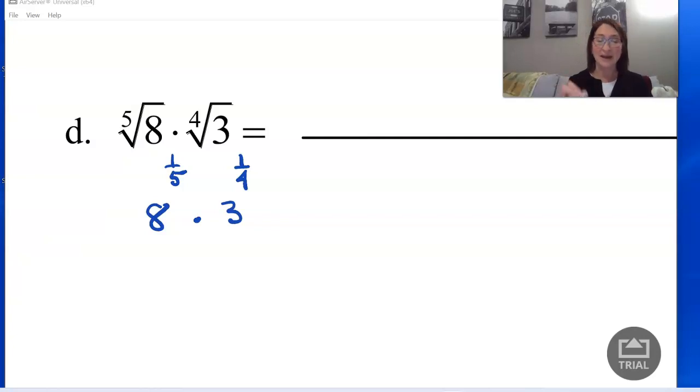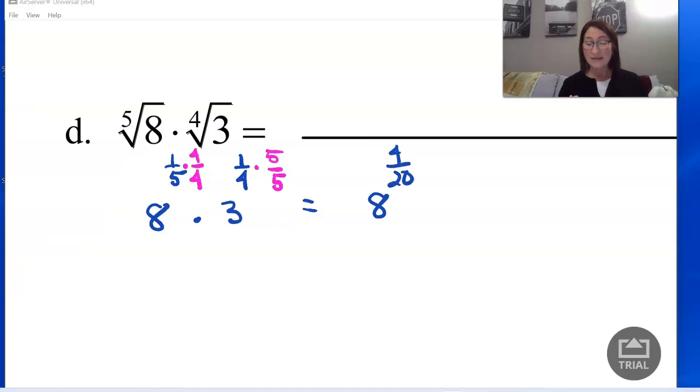I need to have common denominators. So I multiply the first fraction by 4/4, the second fraction by 5/5. So this is going to give me 8 to the 4/20 times 3 to the 5/20.